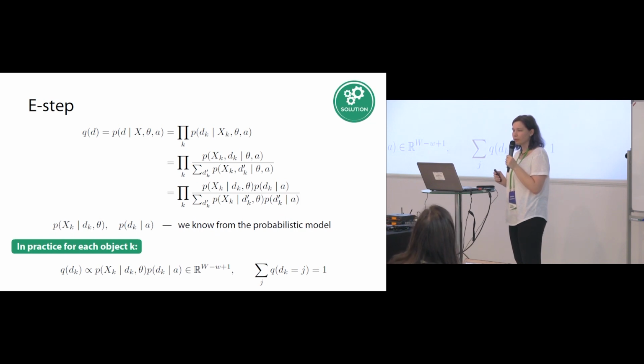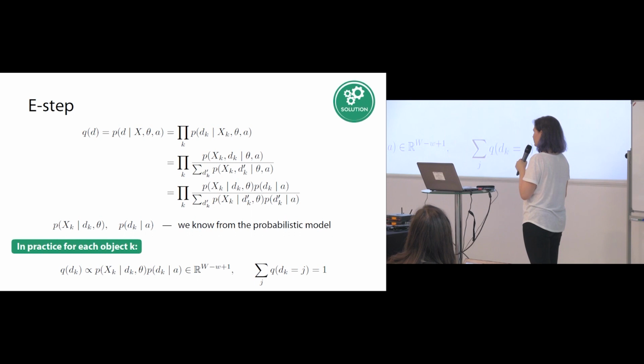dk prime is simply an index. Maybe I was not right, and I should write k prime without dk prime.